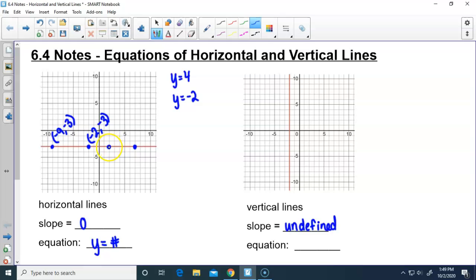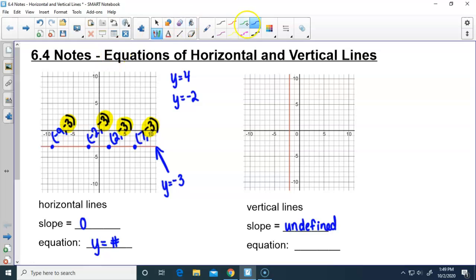And the coordinates of this point right here are 2, -3. And the coordinates of this point right here are 7, -3. Now, I could have picked any other points on this line, and the same thing would occur here. If you look, your y-coordinate for all of these is always -3. So the equation of this particular line that's graphed here would be y equals -3.